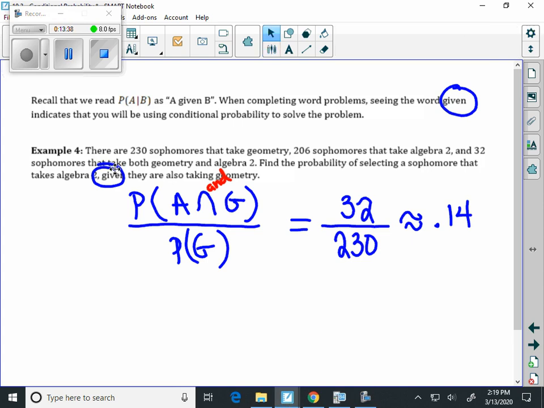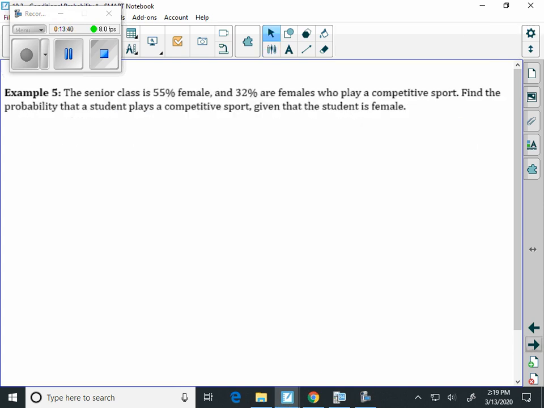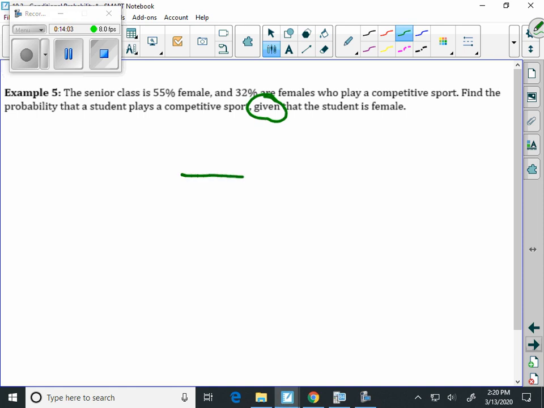As we look at the next one, the senior class is 55% female and 32% are females who play a competitive sport. Find the probability that a student plays a competitive sport given that the student is female. Just want to remind ourselves that the given is what's important here. And again, if you don't like the symbolism that I've been using, what comes after the word given is what's going to go in the bottom of the fraction, the denominator of the fraction, given that the student is female.